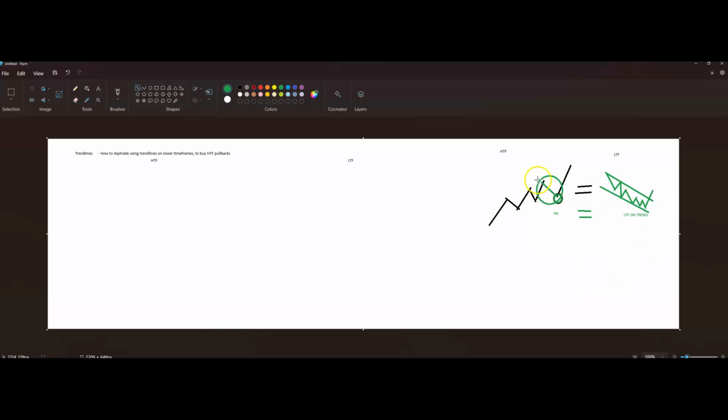The high time frame is pulling back with trend. So let's say there's a moving average. Now it's pulling back on the lower time frame, not on the high time frame, draw your trend line.